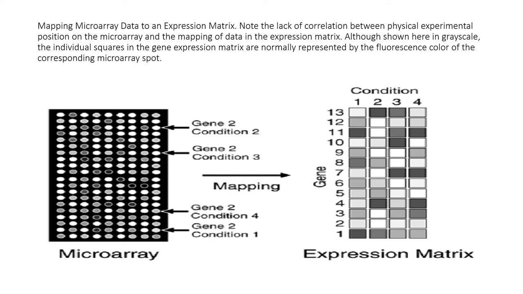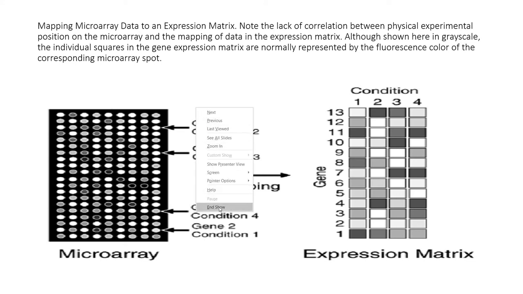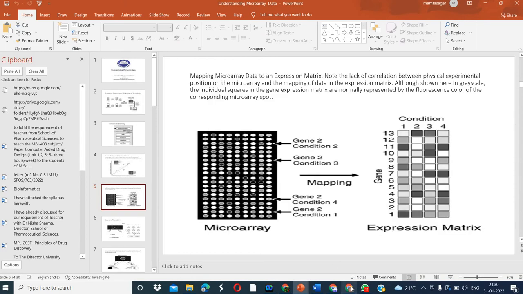So we have different conditions and genes are expressed. Some of the genes may be expressed in different conditions also, like genes that are expressed in the aerobic condition as well as in the anaerobic condition. So a gene may be expressed in the different conditions.